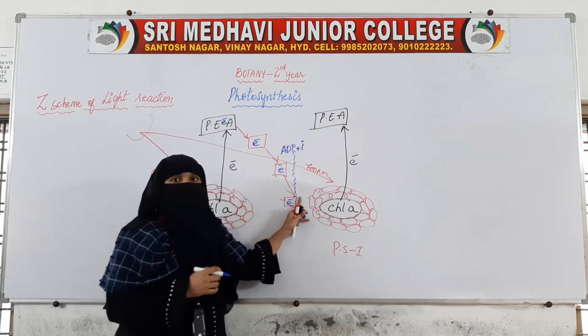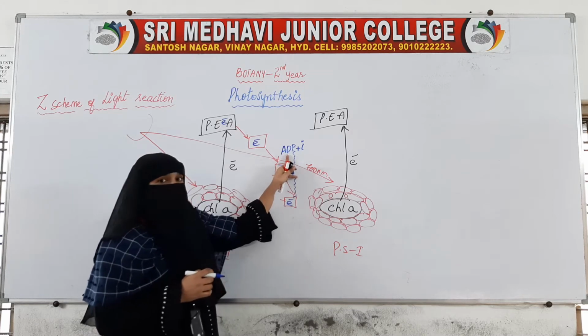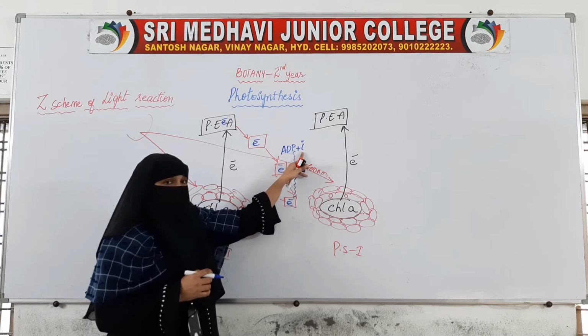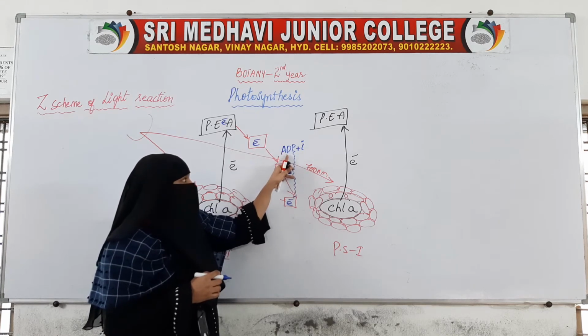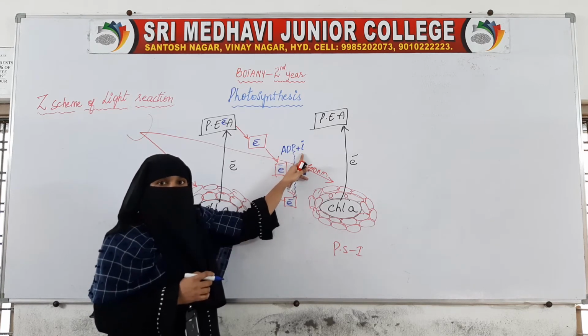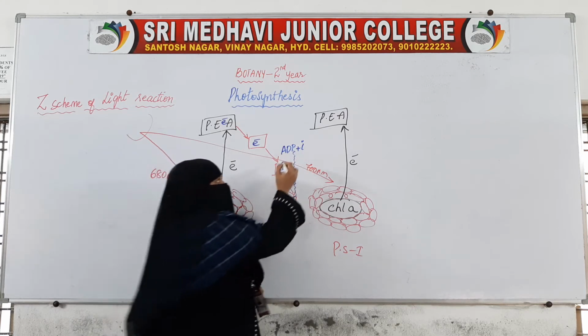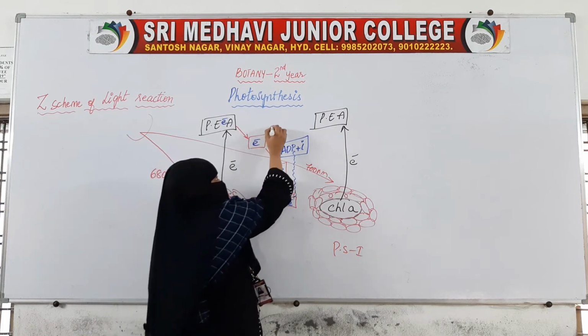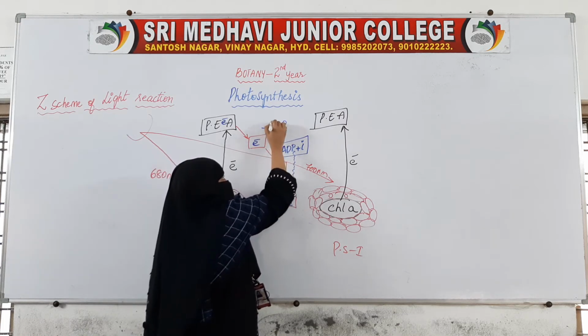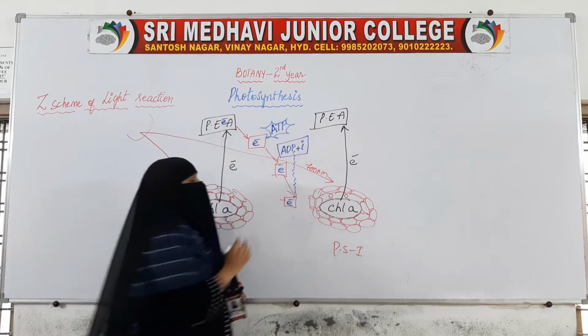That energy is taken up by this ADP and phosphate. With the help of that energy, ADP combines with inorganic phosphate and what is formed is ATP.